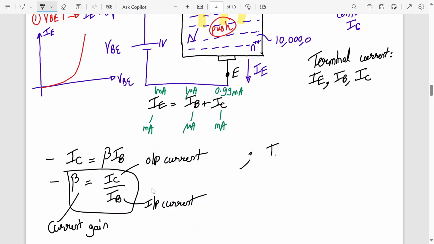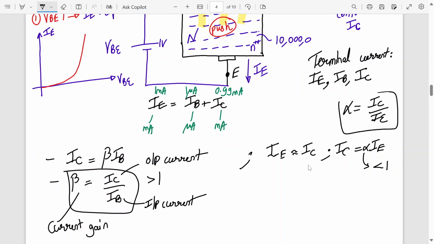The emitter current is practically almost similar to IC, because a very small amount of base current flows, so practically we can write IC is alpha times IE, where alpha is also a current gain but less than 1. This beta is greater than 1. So alpha is given by IC upon IE. This is also a current gain, but this current gain is less than 1.